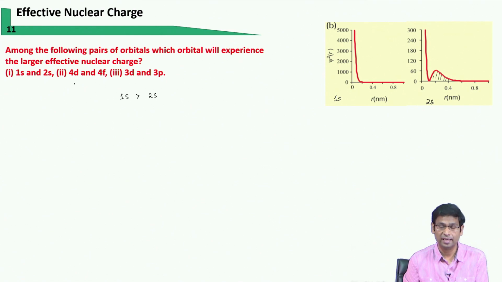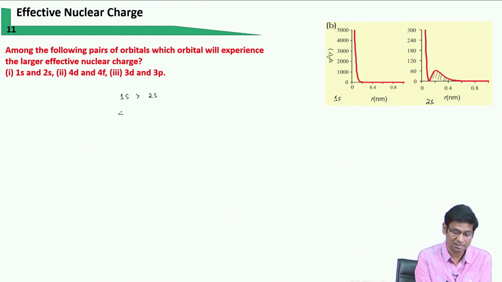The argument goes again in the same direction. The 4f electron is more diffused, that means it goes farther away from the nucleus compared to 4d, because even if both have the same principal quantum number 4, they have two different azimuthal quantum numbers l. So 4f, which is more diffused, will experience less of the nuclear charge.